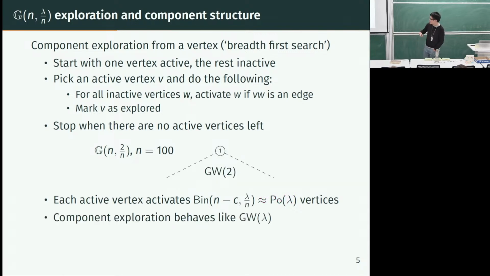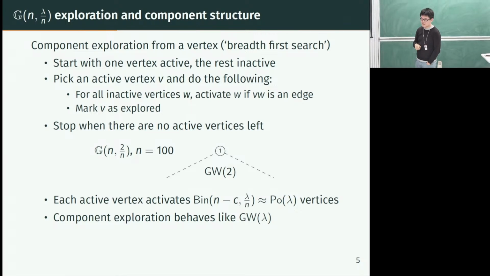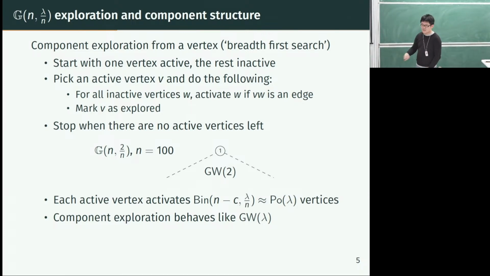So in some sense, one can say that as long as the exploration process doesn't go too far and see too many vertices, this looks kind of like Galton-Watson with parameter lambda, or 2 in this example. So we do not revisit the already explored vertices. Once we see them, we activate them, and we don't ever test against other active vertices. And this approximation is only for the initial steps, where n minus c is very large. I'm not being extremely precise here, but that's the heuristics behind this.